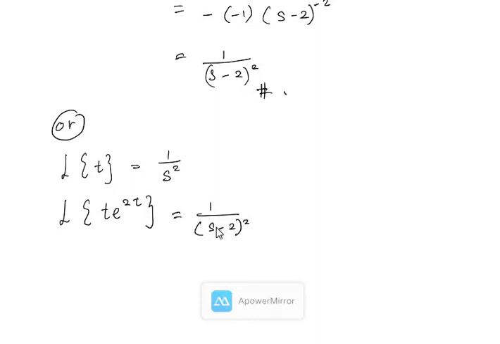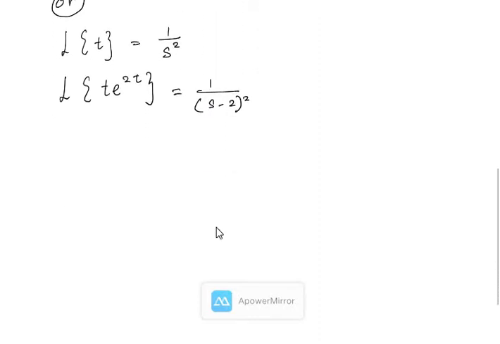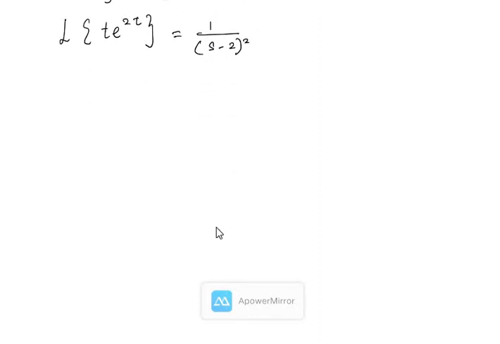Okay, or you can use the tabular method. The tabular method is the formula method. Okay, or I write it here, using the tabular method. Laplace transform of t e^t is equal to the integration from 0 to infinity of e^(negative st) times t e^t dt.